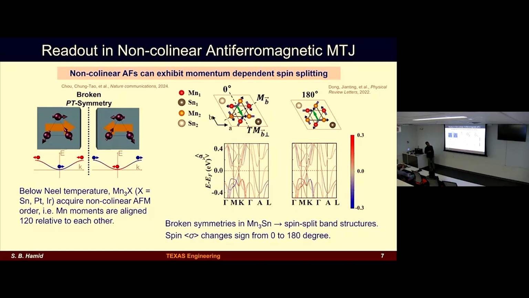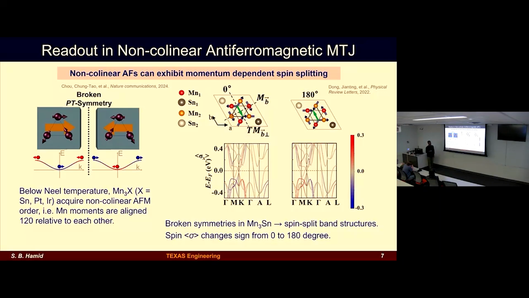You can see that density functional theory calculations can be done to calculate the electronic band structures for these materials. So how to interpret these graphs? Each line corresponds to a different band, and this is shown along high symmetry directions only. The magnitude of the lines are the energies, and the color of these lines represents the spin expectation value.